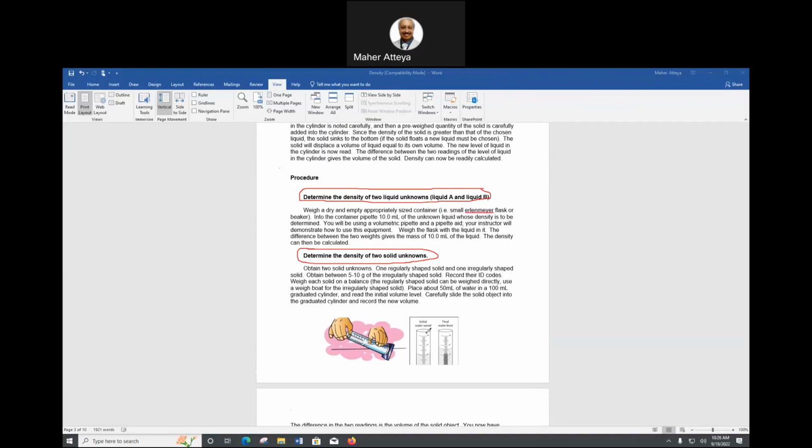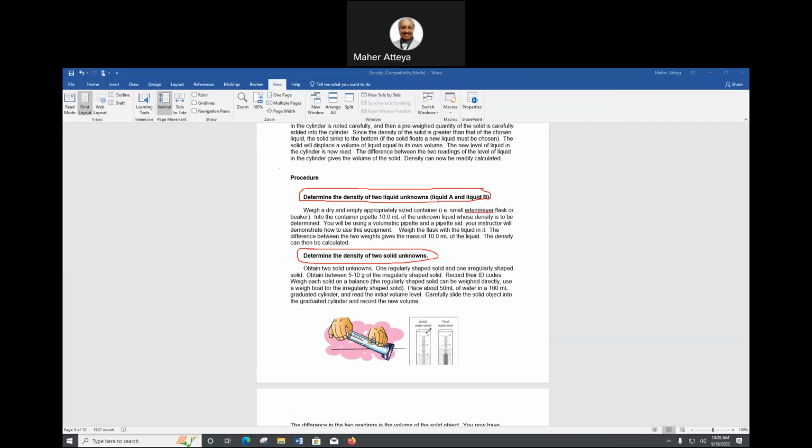For example, I fill this graduated cylinder. We'll come back and look at it in detail. I fill the graduated cylinder to whatever number, 5, 10, 7. The main thing is the whole object has to be totally covered. So I eyeball the height, and I have to add more.